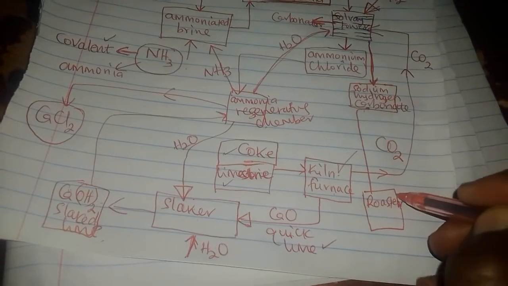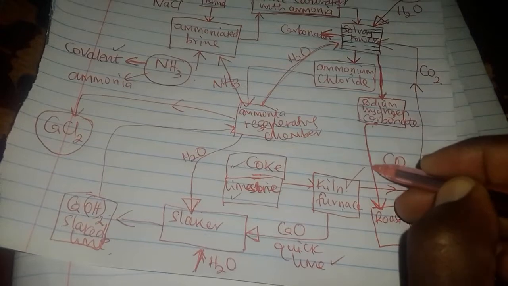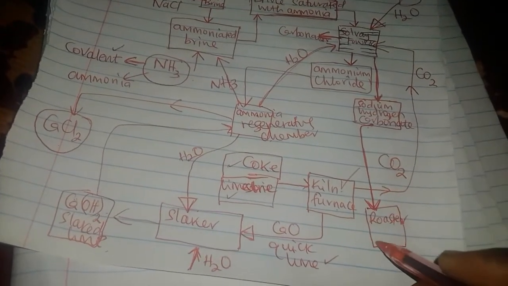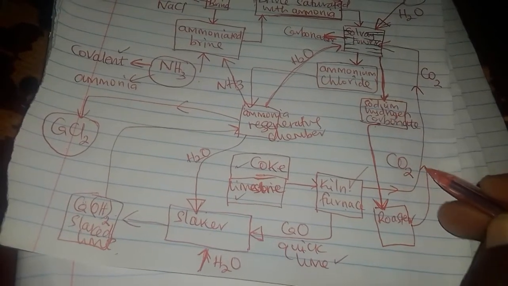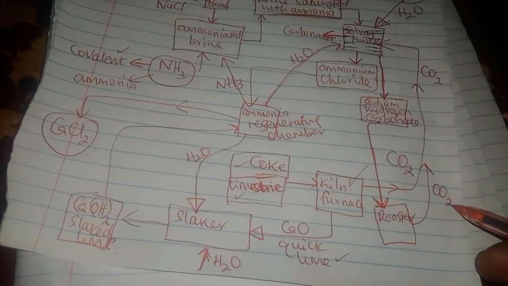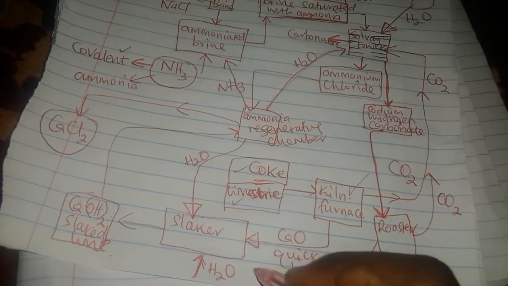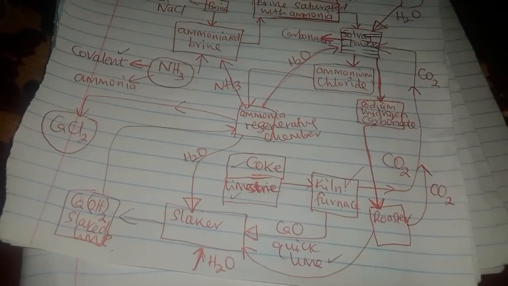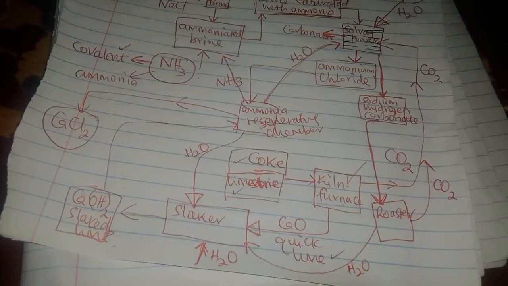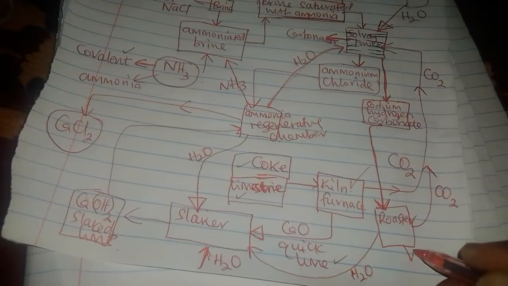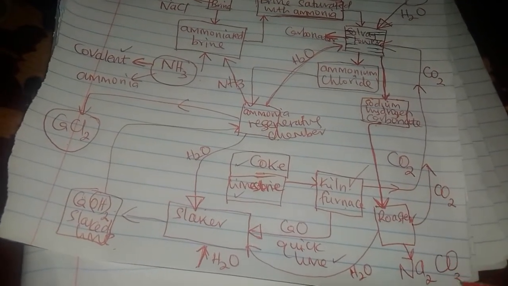And in the roaster, what gets produced when sodium hydrogen carbonate undergoes roasting? We can produce carbon dioxide, you see, that gets recycled. Good. We can produce water that gets added into the slacker, so more water. Good. And we can have now our final product, which is sodium carbonate.